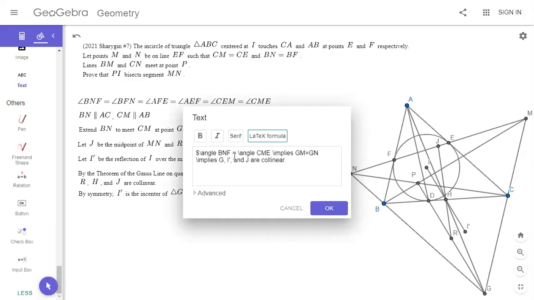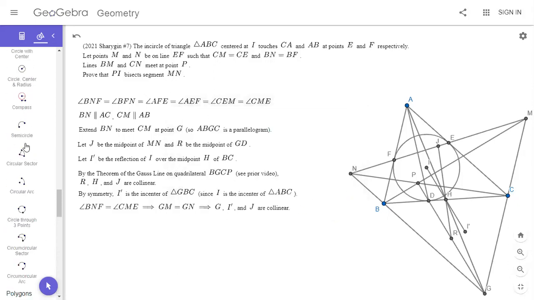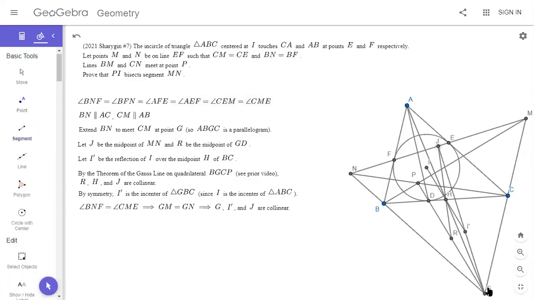So I'm going back to showing, and then, yeah, so we know IH is equal to HI prime, PR is equal to RG. And so to show IH, we have to show that's parallel to GD. So we have to show G, yeah, we do have to show that those are collinear.